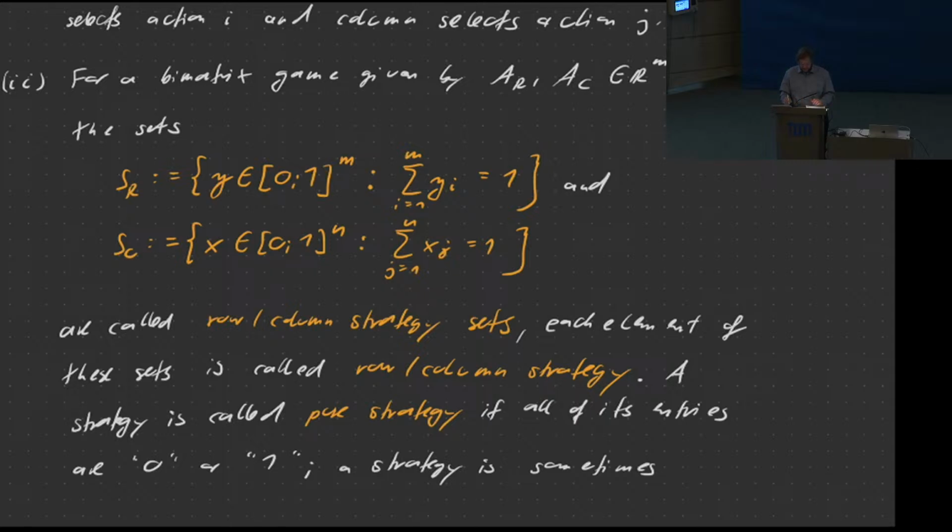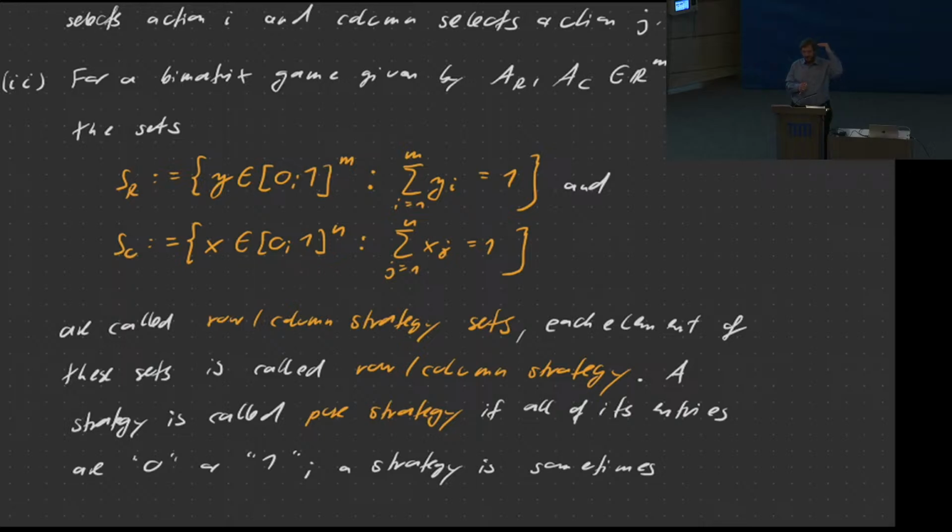Now formally, if we have a bimatrix game like this, we define 2 sets as S_R and S_C. And those will be the so-called strategy sets for row and for column. A strategy basically means deciding how to play. And the usual simplest setup here is to use what we call a pure strategy, and that means just to select one of the strategies.